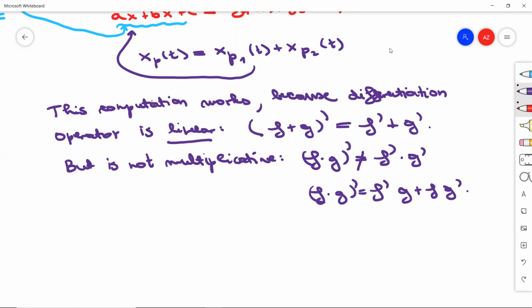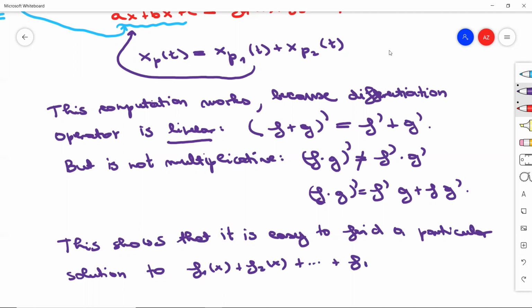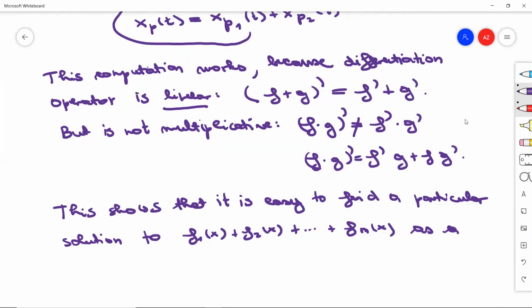So this shows that it is easy to find a particular solution to f1(x) plus f2(x) plus so on plus fm(x) as a non-homogeneous part. So this sum is our non-homogeneous part.